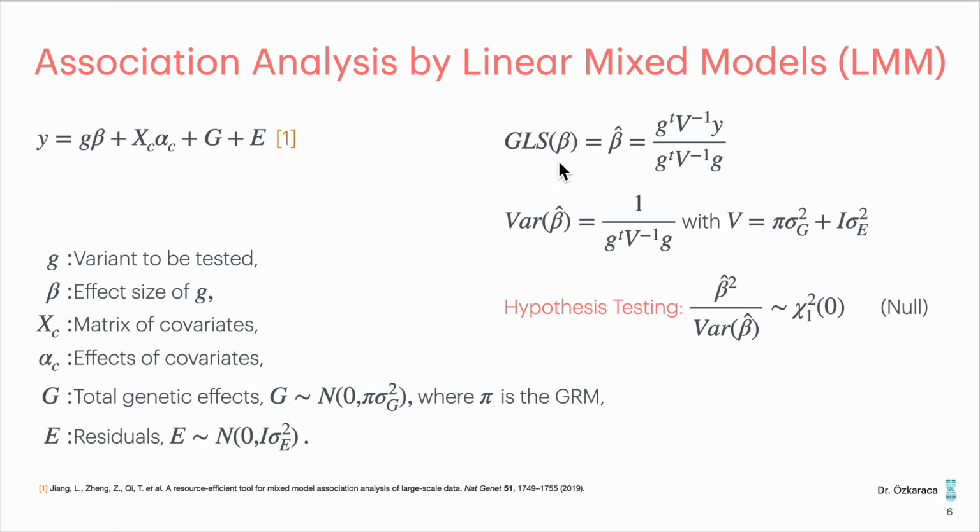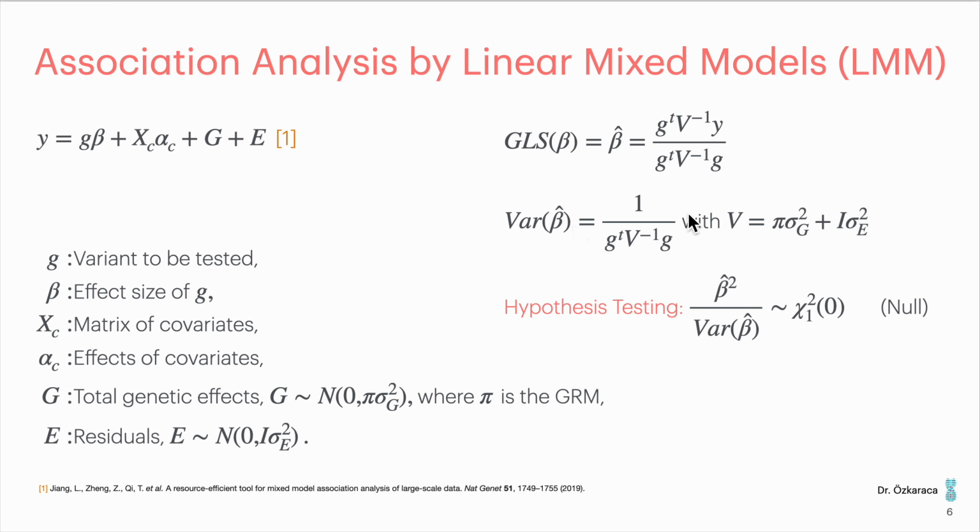But before that, I would like to talk about how the association analysis framework works from this linear mixed model setting. So what we do is we look into the generalized least squares solution of beta, which can be written like this, and the corresponding variance of beta hat can be written like this.